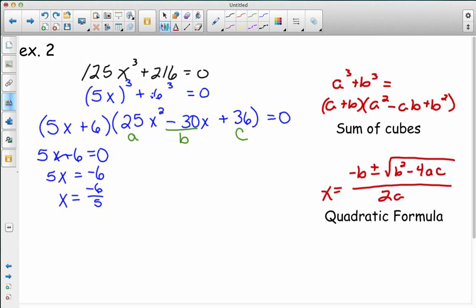Now I can take all of this and put it into my quadratic formula and solve for x. So I have x equals the opposite of negative 30, which is a positive 30, plus or minus the square root of 30 squared, which is 900, minus 4 times 25 times 36, or minus 3,600.